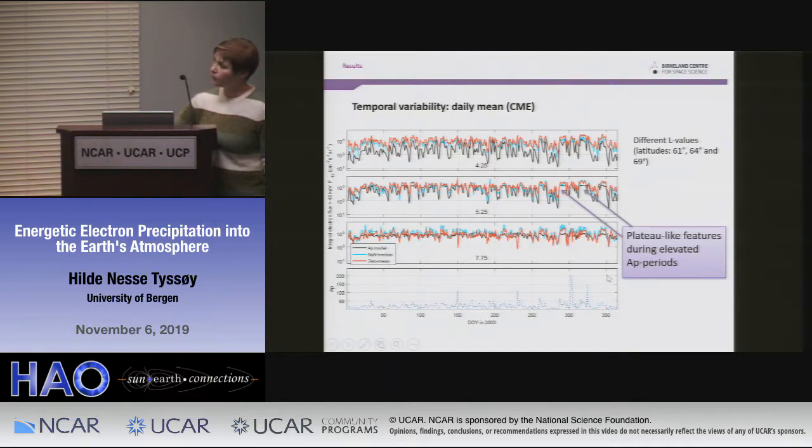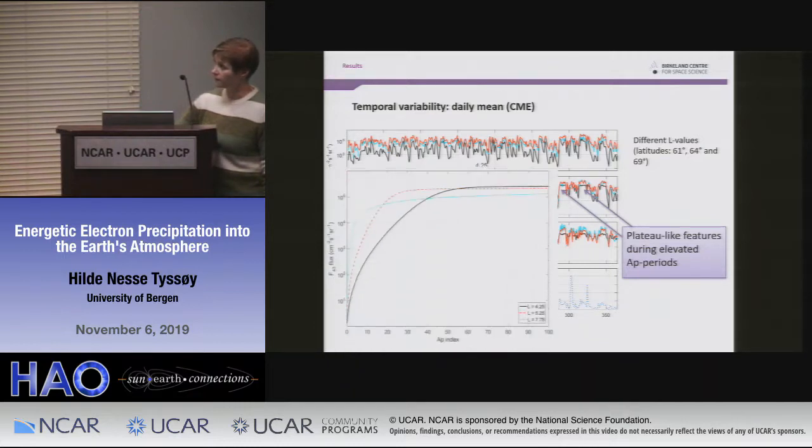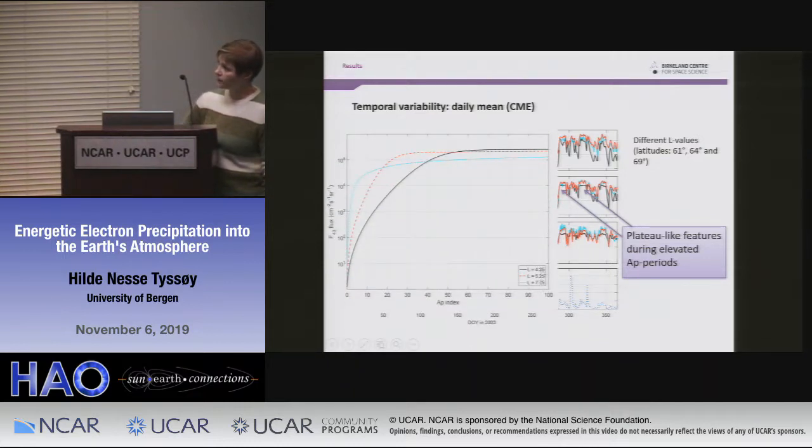If we look at the plot of how the fluxes depend on AP, for the same L shells, and focus on the middle, which would correspond to this red dashed line, we see the explanation for this plateau.